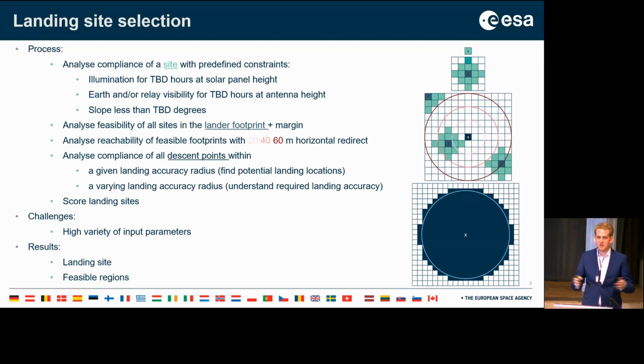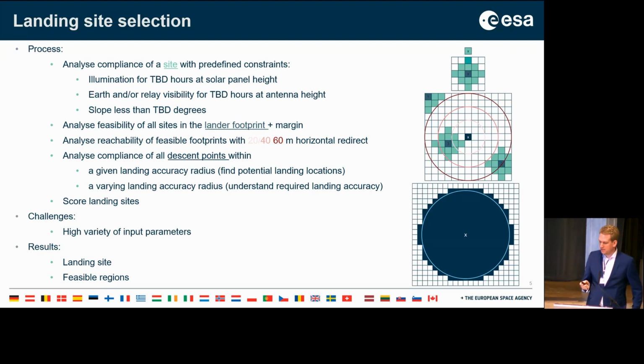Let's say we have a lander with a diameter of, I don't know, 3, 4, 5 meters, which obviously means we need a couple of pixels or grid points to meet our requirements. These requirements might be that we want an operational window of, let's say, 10 days. So we want 240 hours of continuous sunlight and continuous communication to Earth, direct or via a relay satellite.